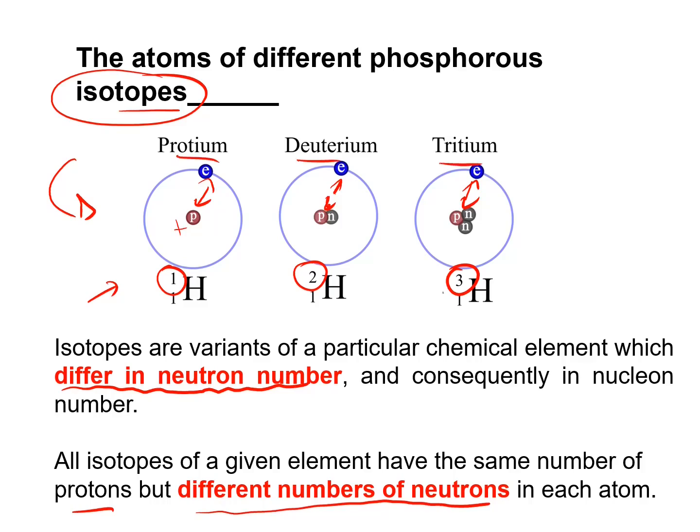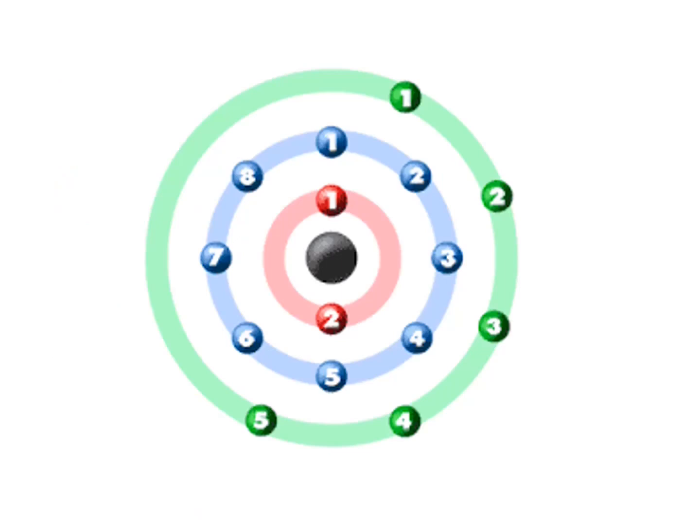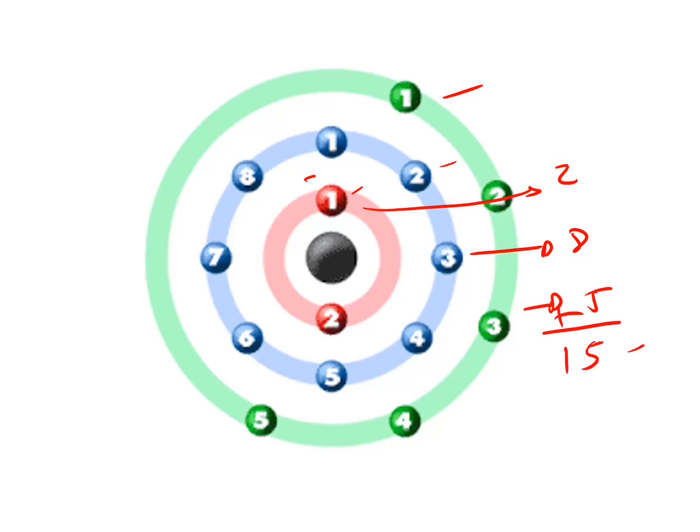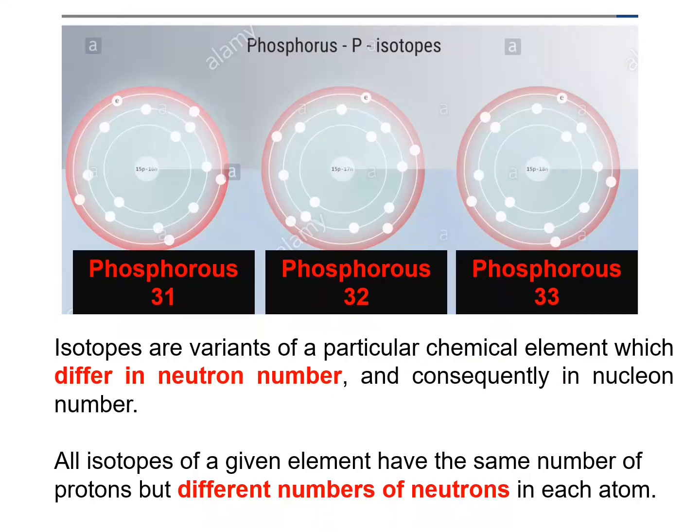So now let's see what happened with the phosphorus. Yes, it is phosphorus, so they have multiple orbitals. And here if you see, they have 2 plus 8 plus 5. Let's add this, so they will have 15 electrons. So here you will have 15 plus 15, it will be 30, and you can have more neutrons again.